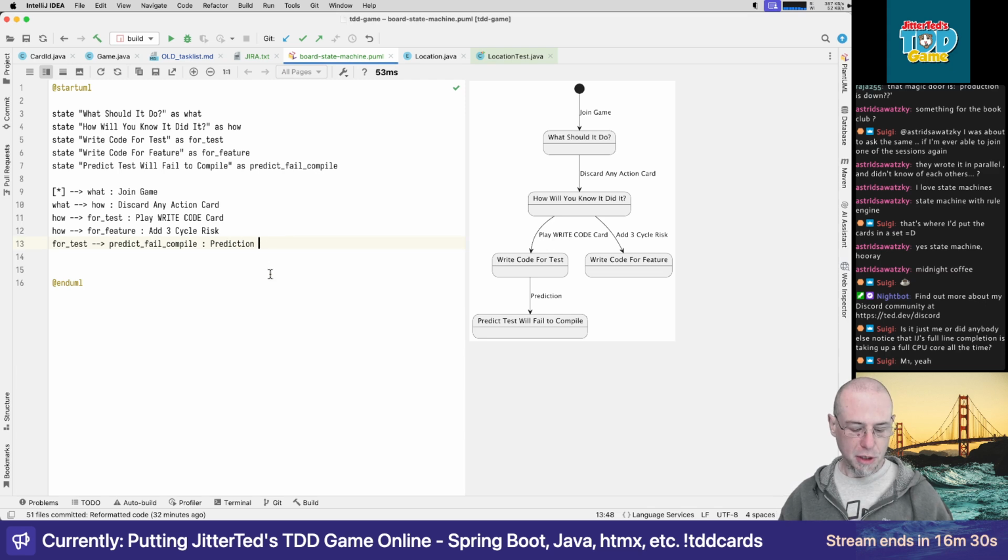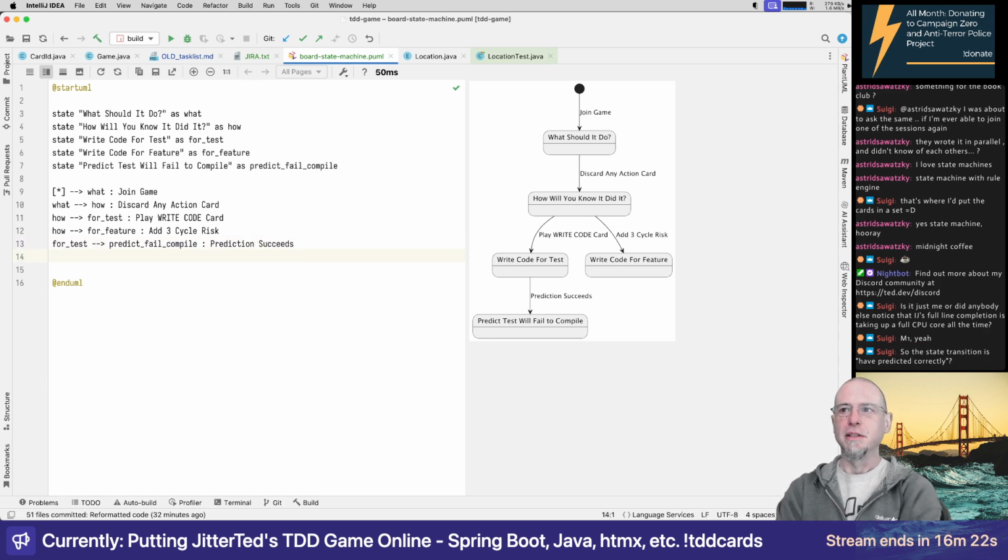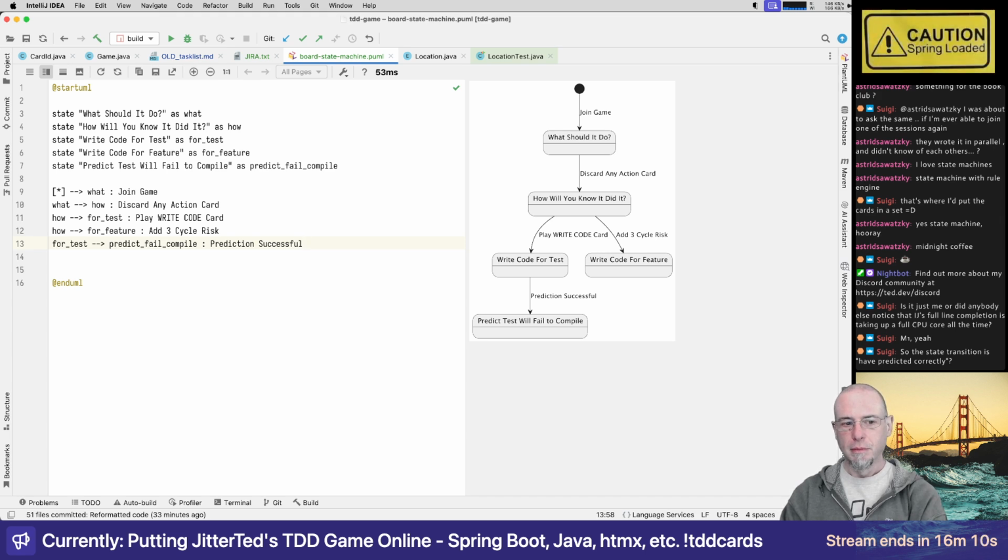So this is prediction succeeds. But that's not as direct. This is prediction successful. But you actually can't directly get there.